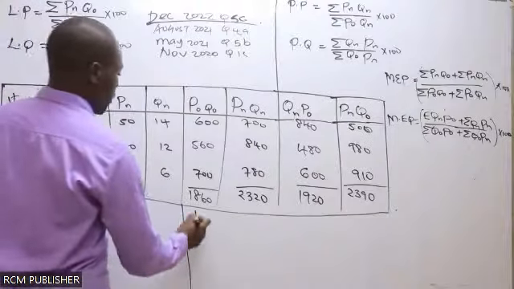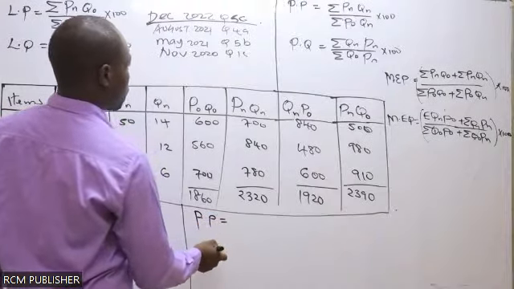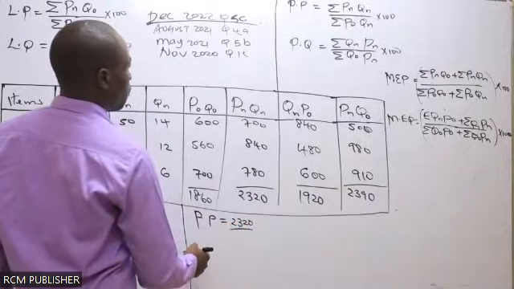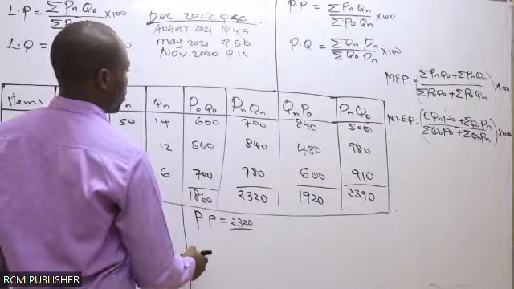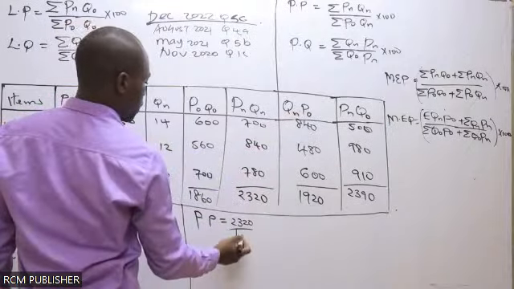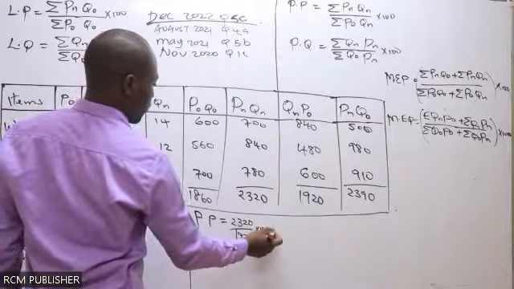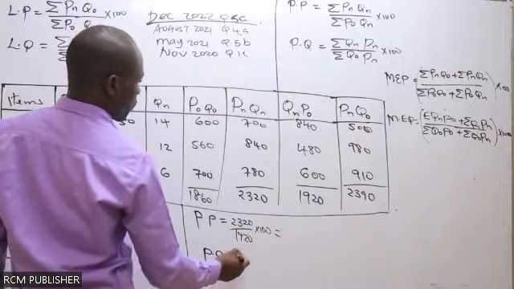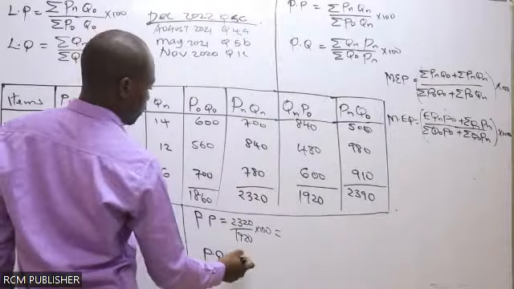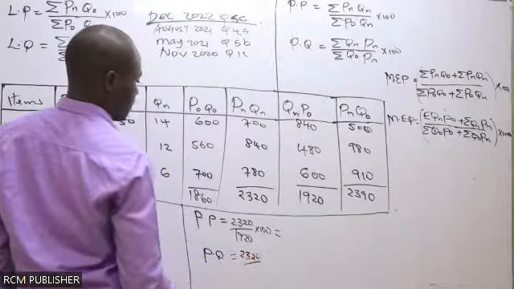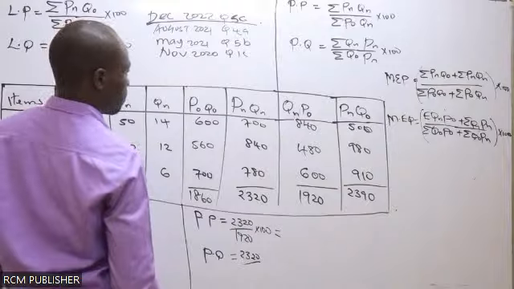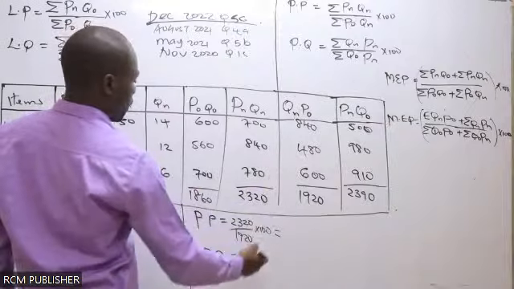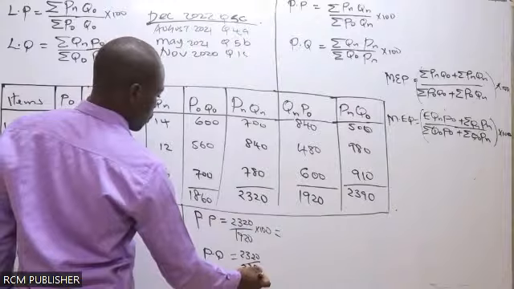When you come to P is equal to summation of PNQN, 2320 over POQN, 1920. Then we have PQ, QNPN over QOPN, 2390 as 100.